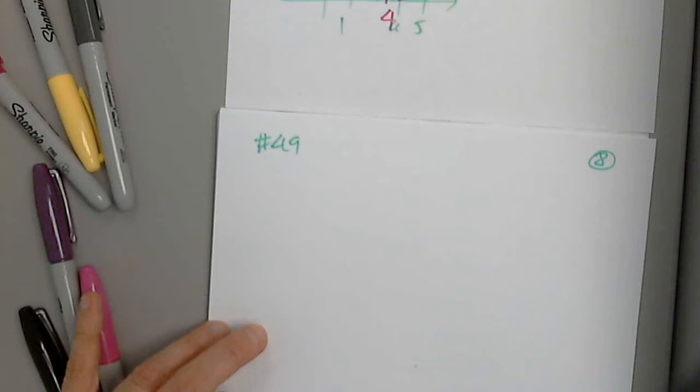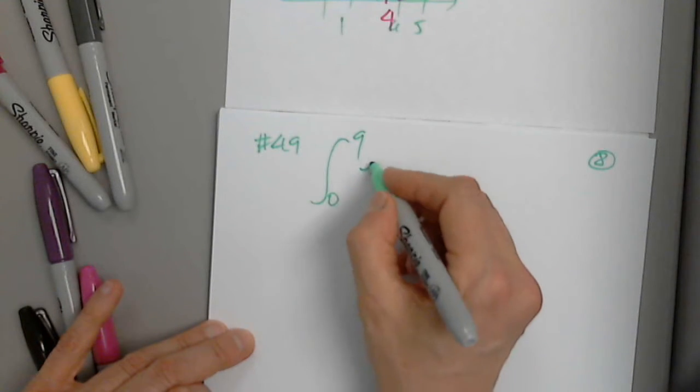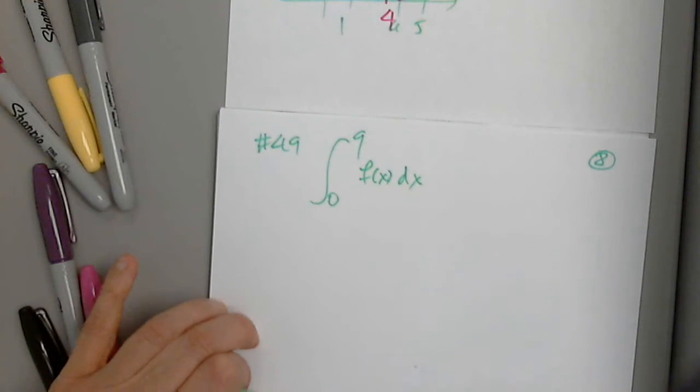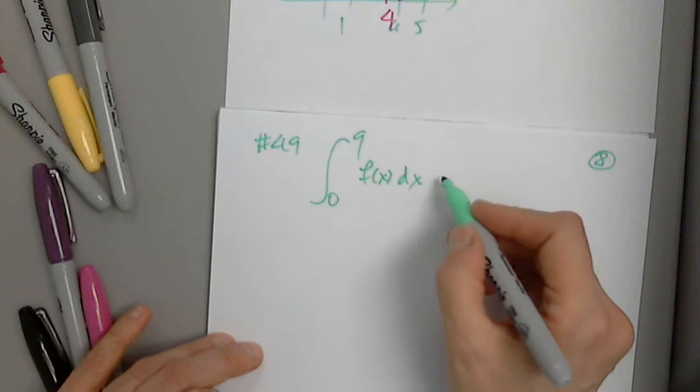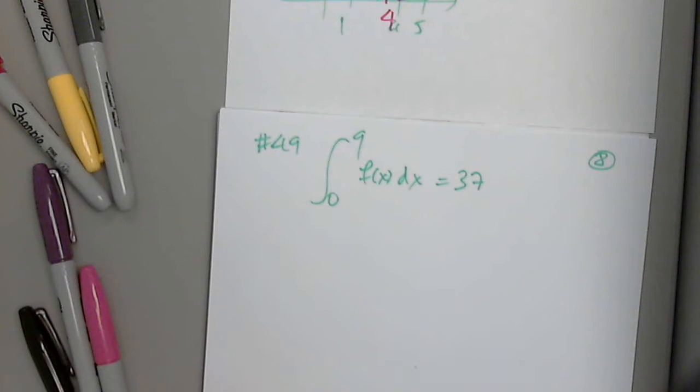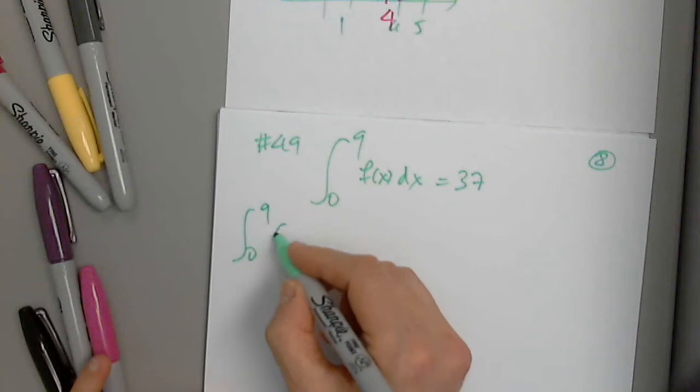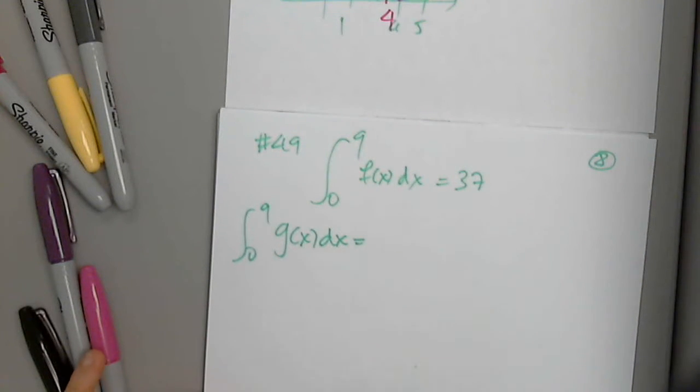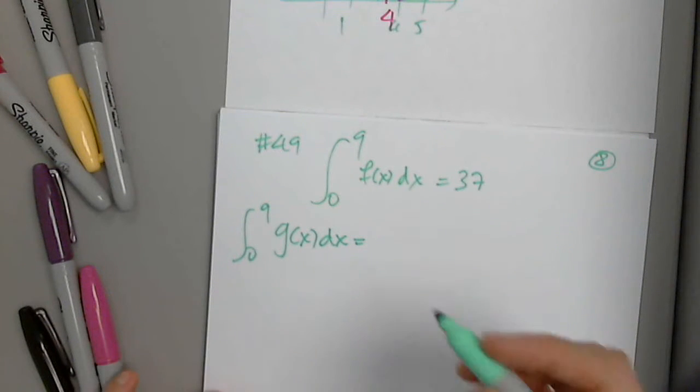In 49, we are given the integral from 0 to 9 of f of x dx is 37. They're also giving us the integral from 0 to 9 of g of x dx, which they say is 16.